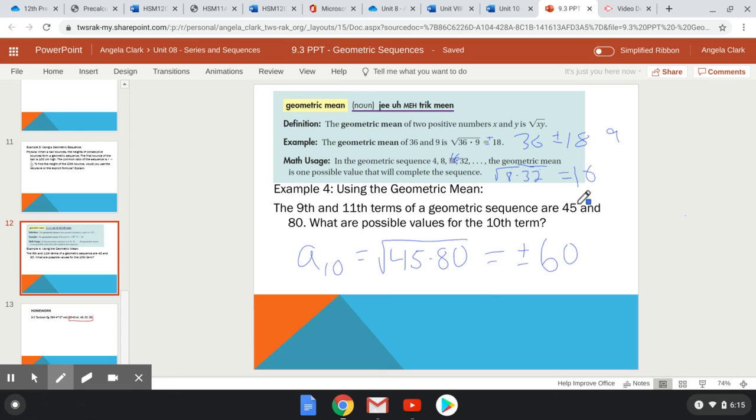So it would be plus or minus 60 for our 10th term. We don't know if it's plus or minus. It could be either. So if you're looking for a term in between 2 terms of a geometric sequence, you can use the geometric mean, and in fact, you want to use the geometric mean, but you won't know if it's positive or negative, so you just have to write a plus or minus in front to say that it could be either.